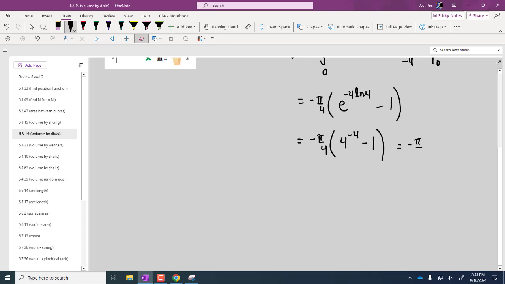You can plug into your calculator at this stage or whatever. 4 to the negative 4, so in the denominator, we're going to have 256. So we're going to have 1 over 256 minus 1, etc. Common denominator, simplify it. All right, any question on any step there?